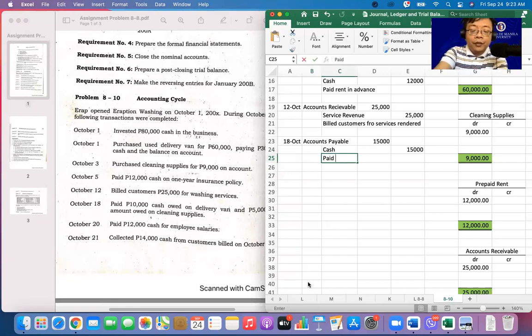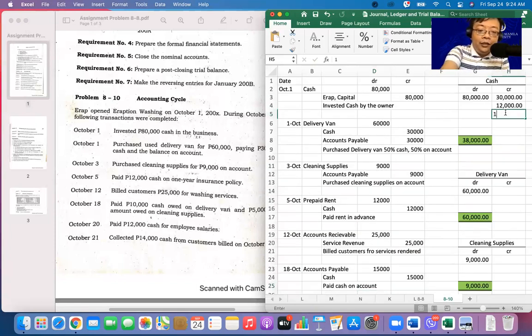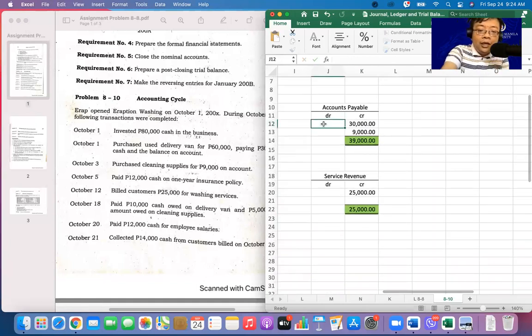So paid cash on account. Again, accounts payable we debit because we decrease our accounts payable, while cash we credit because we decrease our cash. All our assets, if we decrease, are to be credited. Hopefully, may naintindihan ha. So we have here 15,000 and also accounts payable of 15,000. So we post it in our ledger.